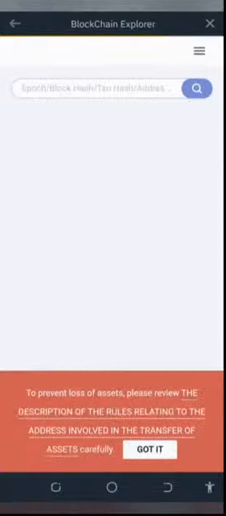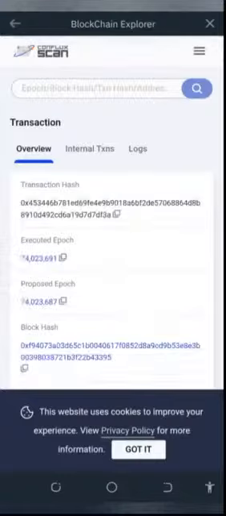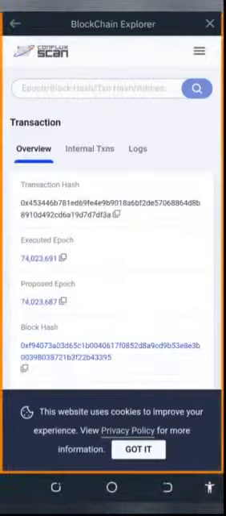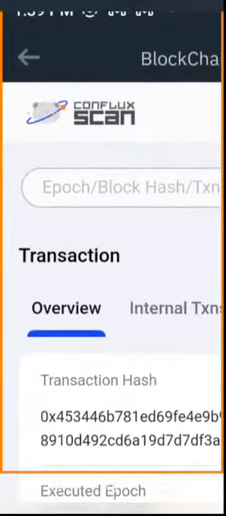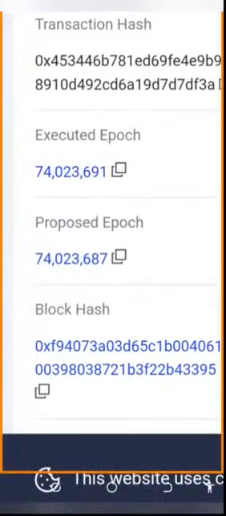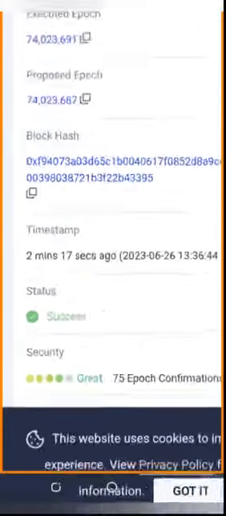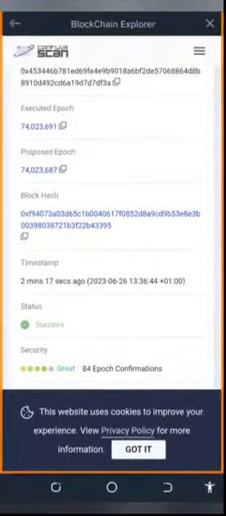Okay, to prevent the loss of assets, please. Oh, what's all this? Okay, got it. Let's see what is going on here. Is there anything we need to check? This is Conflux Scan. All right. It's still doing its thing. Okay. Still working. It says success, actually. Status is success. All right. So we're still waiting.